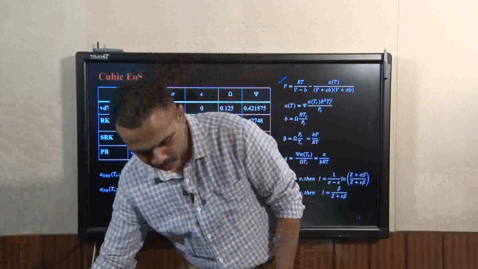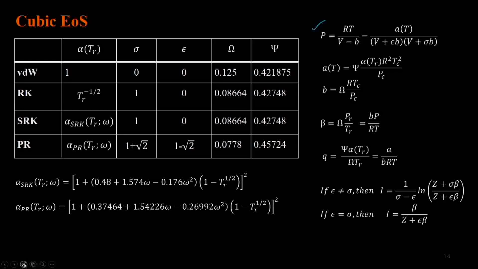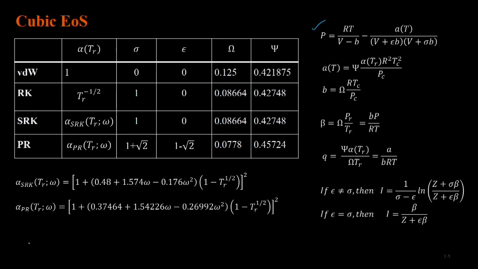If you recall, we said that the fugacity coefficient ln phi for pure species is GR by RT, and this equals, for a cubic equation of state, Z minus 1 minus ln of Z minus beta minus Q times I. And Z is the compressibility factor at the condition we are looking at.